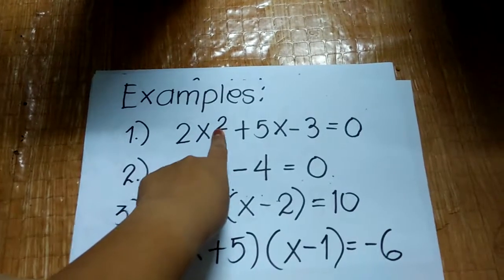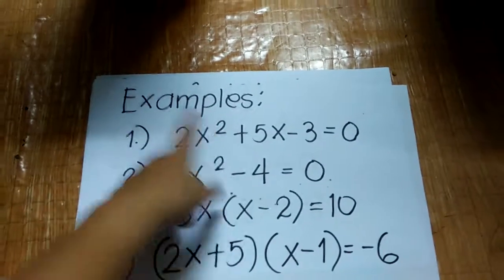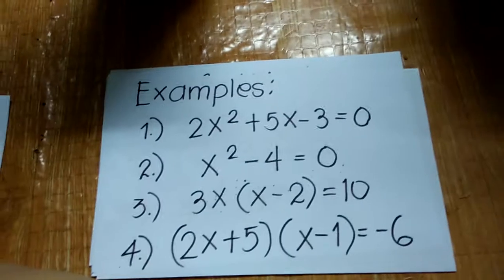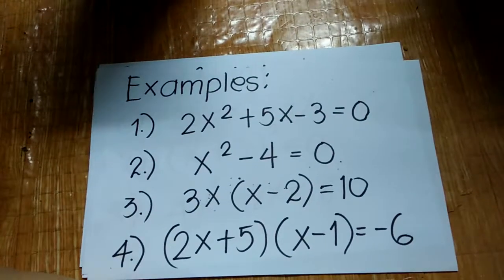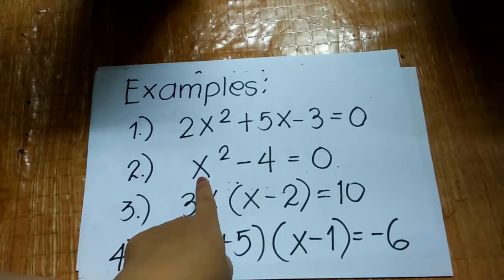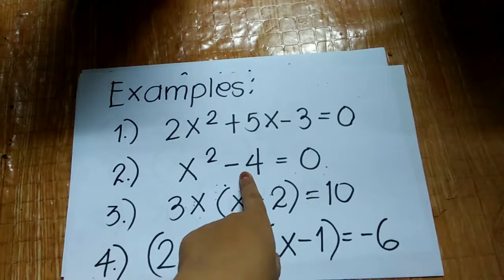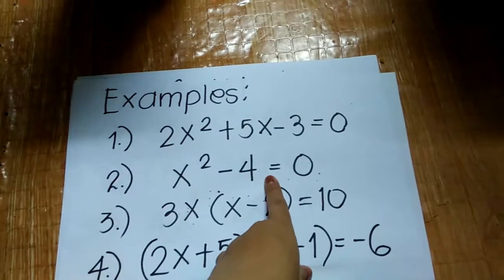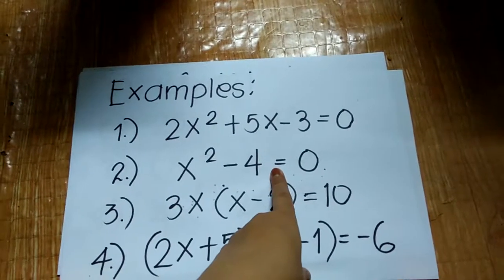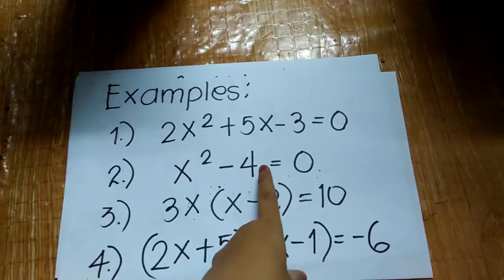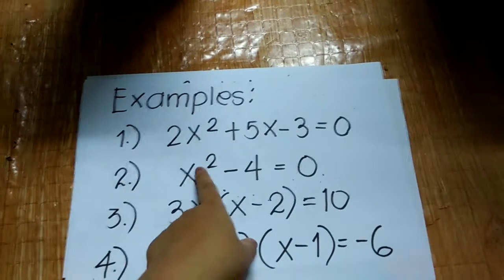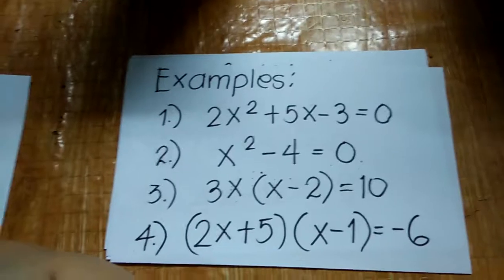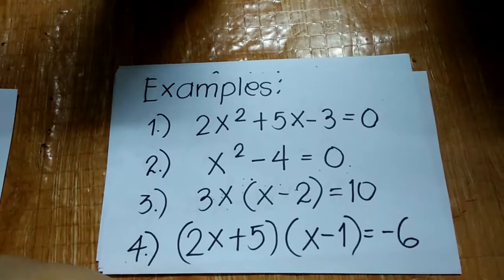Okay, the highest exponent is 2. So, meaning to say, it is a quadratic equation. Another example is number 2. x squared minus 4 is equals to 0. Again, this is an equation because of an equal sign. And the highest exponent is here, 2. So that's why we consider it as a quadratic equation.